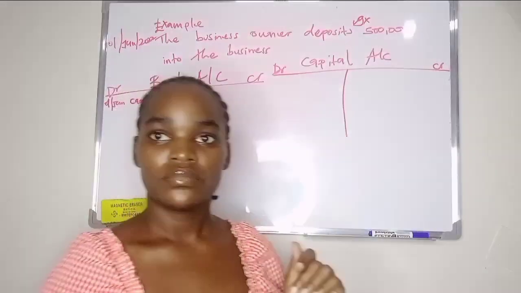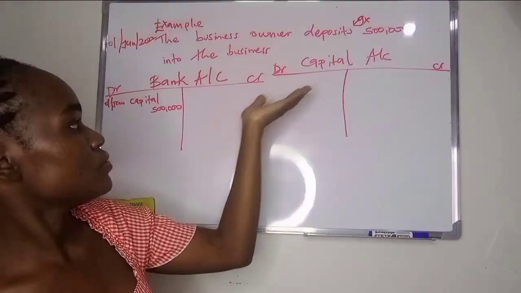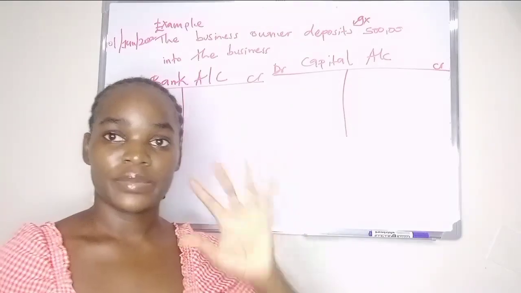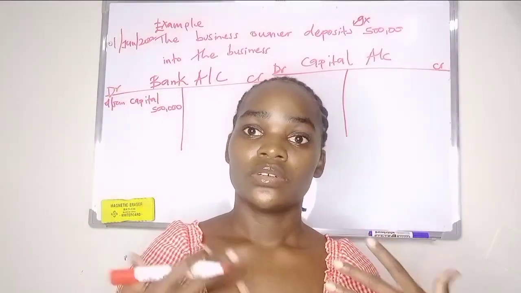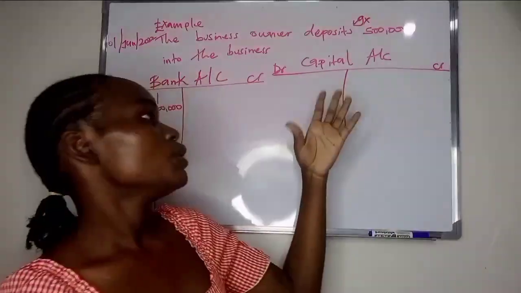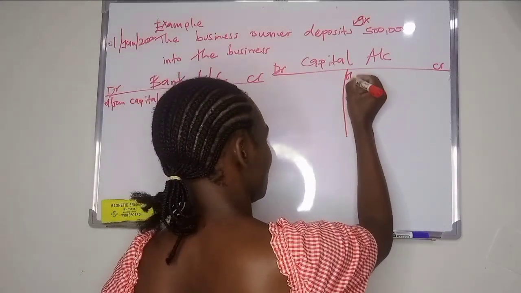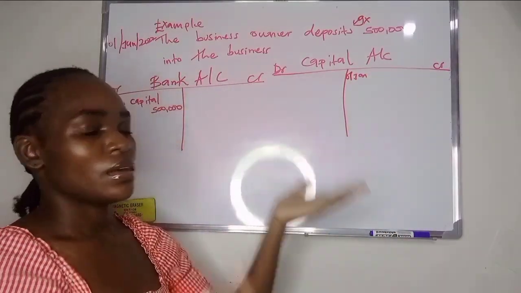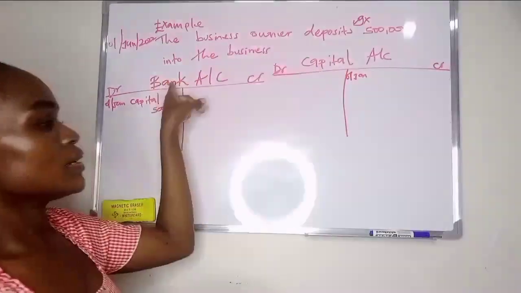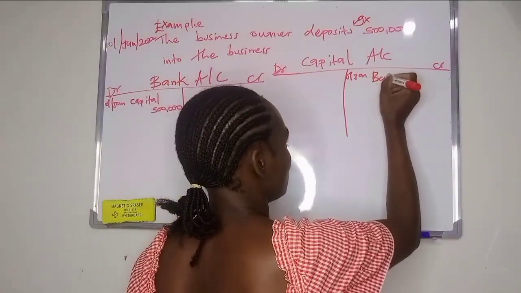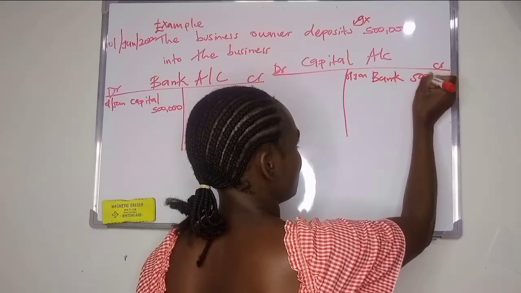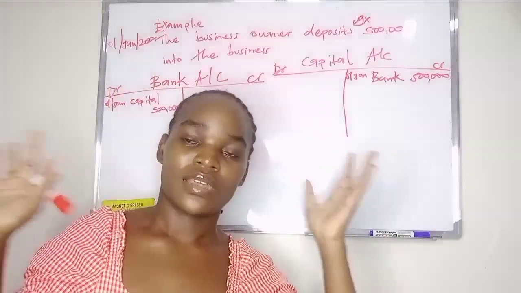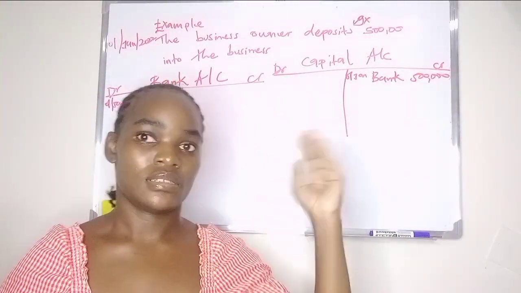Then the capital account, like they deposited 500 into the business, capital is increasing, and capital increases by crediting. So we come here on the credit side and we write 1st Jan. Then under the description you write the opposite account. So here we are going to write bank, 500. Yeah, and that is done. So we are done recording the transaction in the T accounts.